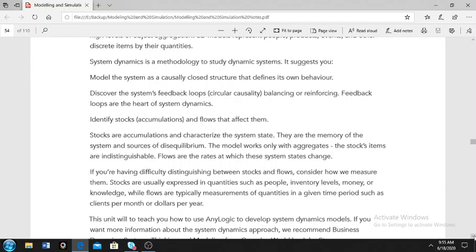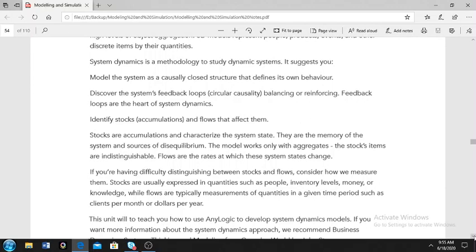Now, what you should understand is that in system dynamics we have two main concepts: the concept of stock, which is accumulation, and the concept of flow, which affects the stock.